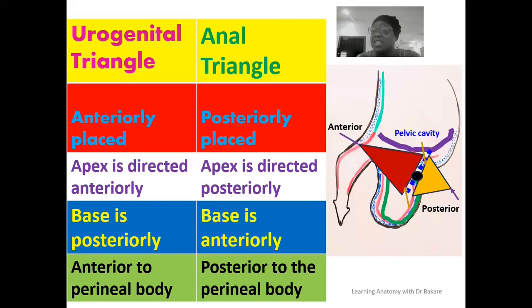The one that is located anterior to it would definitely be the urogenital triangle because it is anteriorly positioned, while the one that is located posterior to it would be the anal triangle that is, of course, posteriorly placed. So it's good for us to be able to describe how the alignment of these triangular configurations are positioned and are also directed.